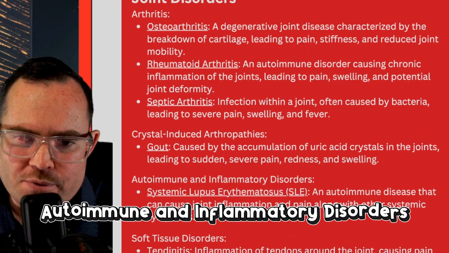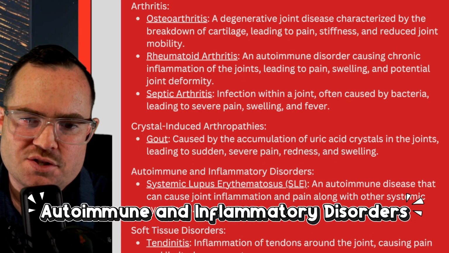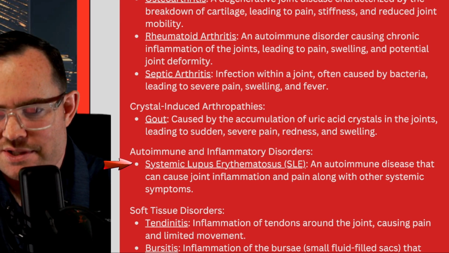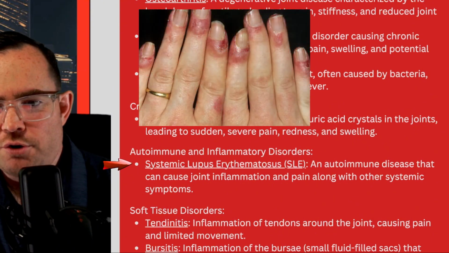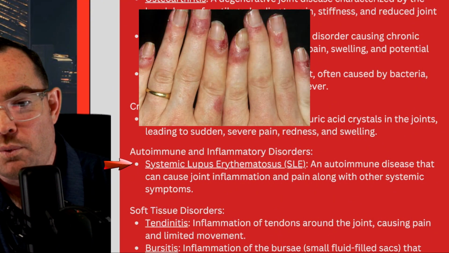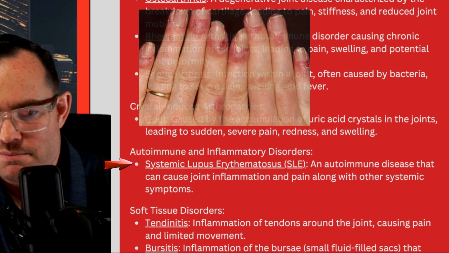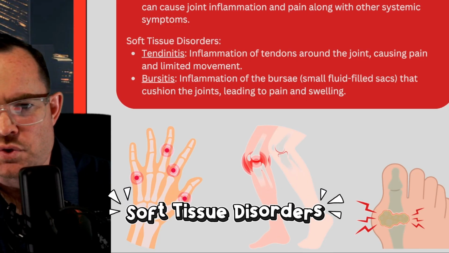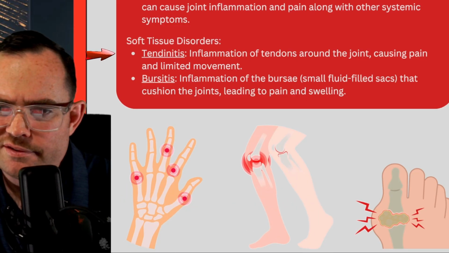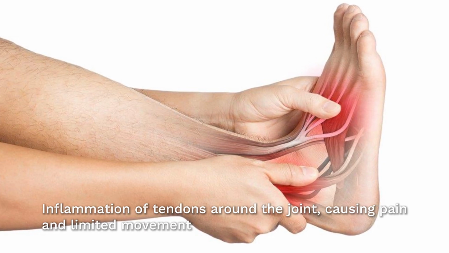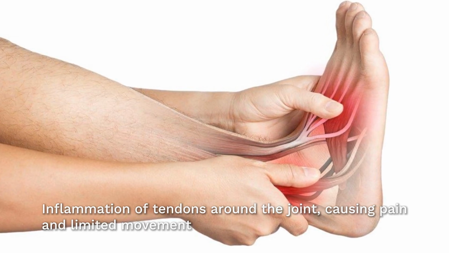Here we got an autoimmune and inflammatory disorder, starting with systemic lupus erythematosus, SLE, an autoimmune disease that can cause joint inflammation and pain along with other systemic symptoms. So we got a couple autoimmune diseases here. And with soft tissue disorders, starting with tendonitis, inflammation of the tendons, who would have thought, that are around a joint causing pain and limited movement.